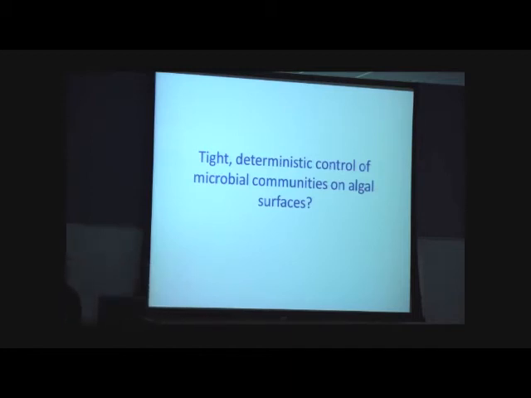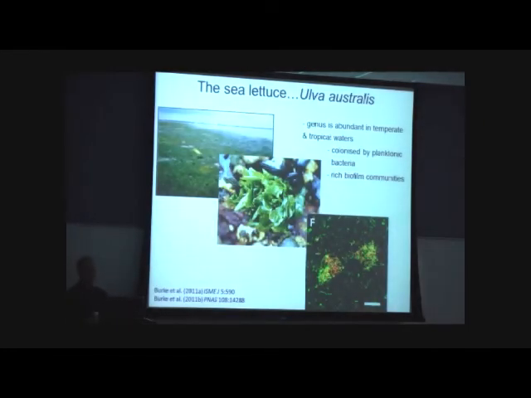So when you get results that do that, what do you do? Well, you shift systems, right? So we've looked at another seaweed, and that's the thing that occurs everywhere, in our case, all around Australia. It's abundant, it blooms. And we've looked at the microbial communities on Ulva.